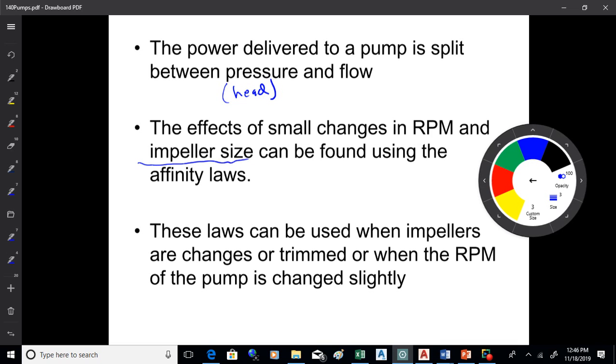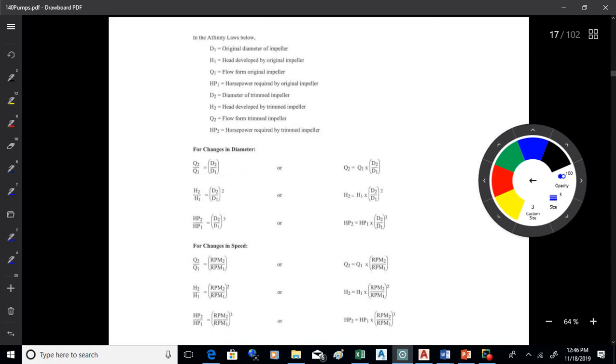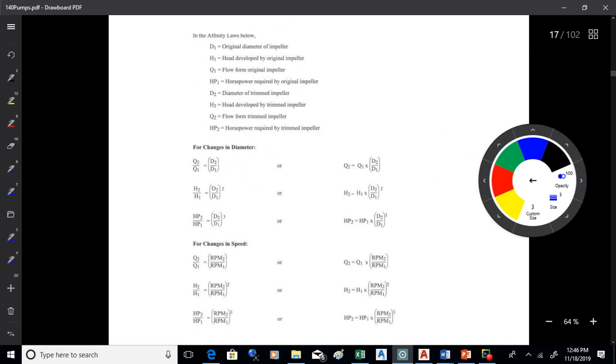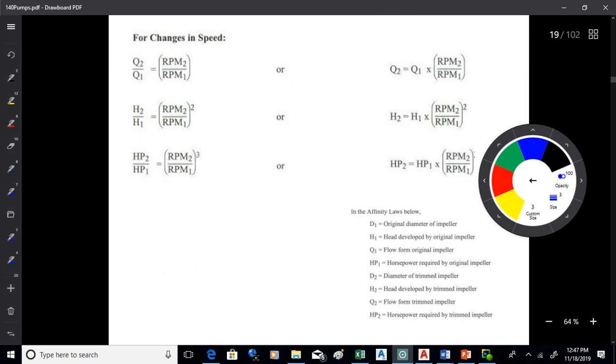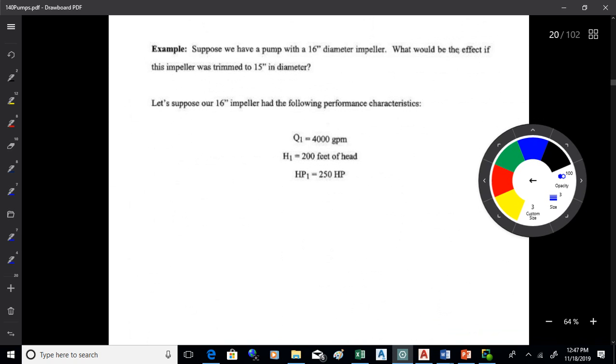There's a little equation that'll tell you what the effects of that would be, and that's on page 132. So if you change the diameter of your pump impeller, you can predict how that will affect how the pump acts, and it's shown with that equation.